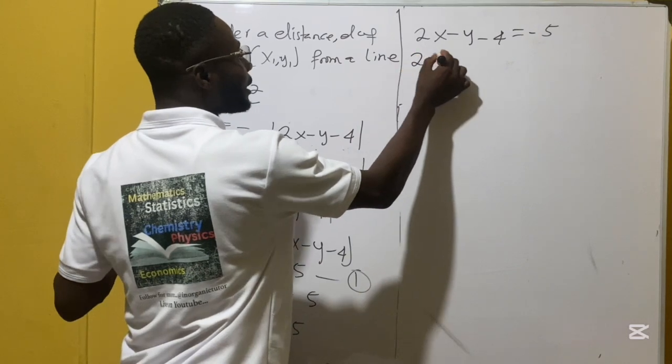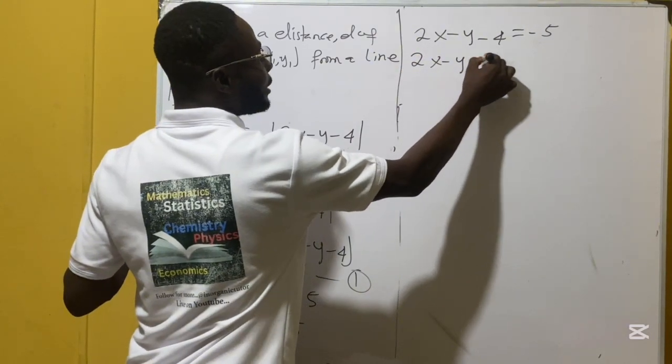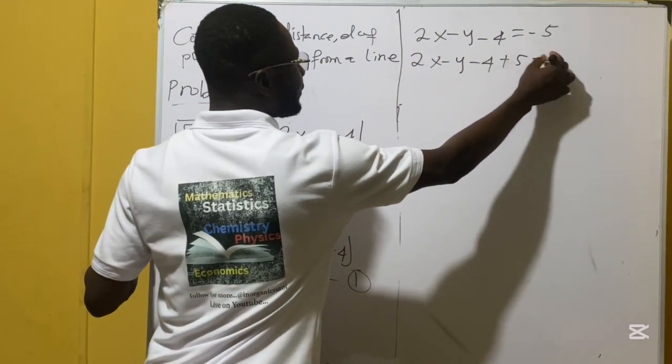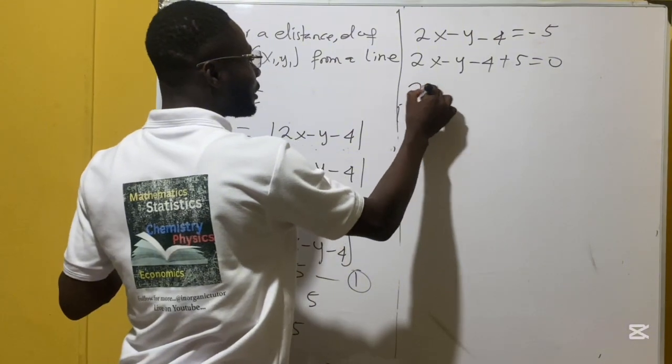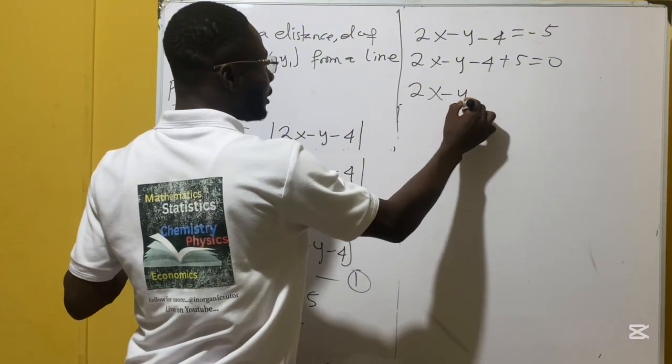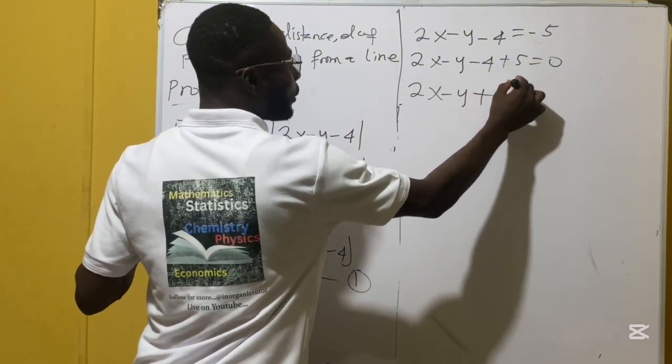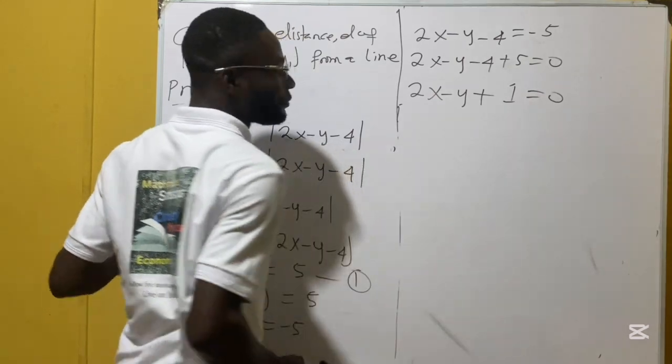So we have 2x minus y minus 4 plus 5 equals 0. And then we can say that 2x minus y plus 1 equals 0.